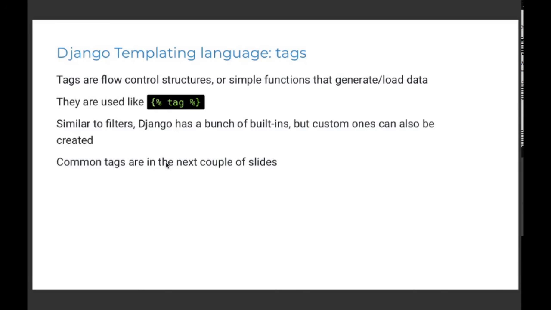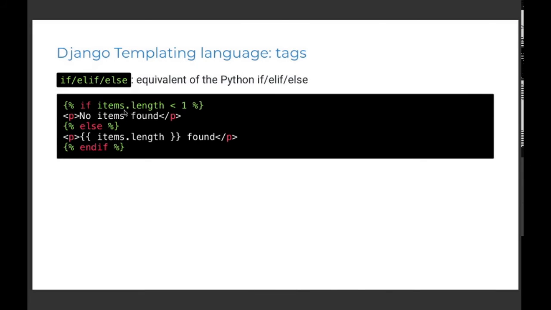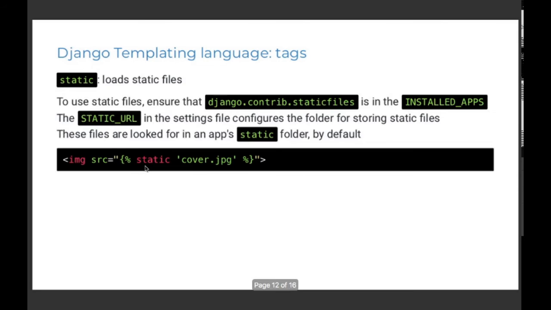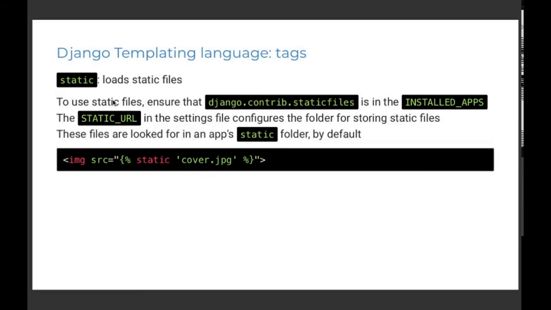Common tags are stuff like a for loop. I can do a for loop: for item in items, items being an array. Or an if else: so if, else, and endif. And then this is something that loads data, the static tag.